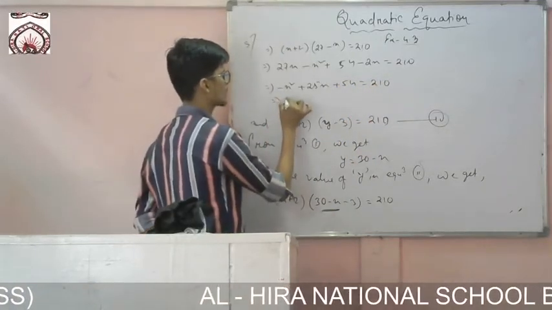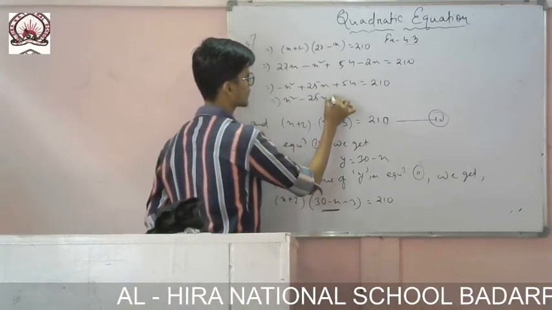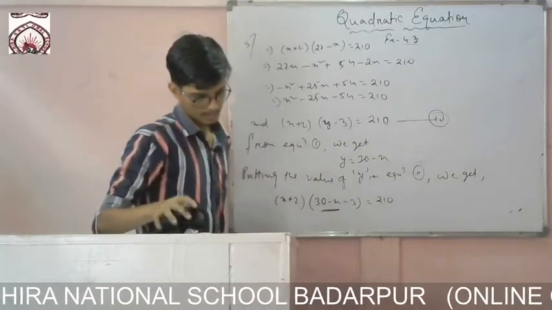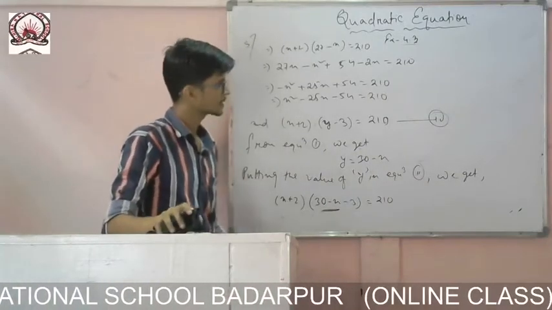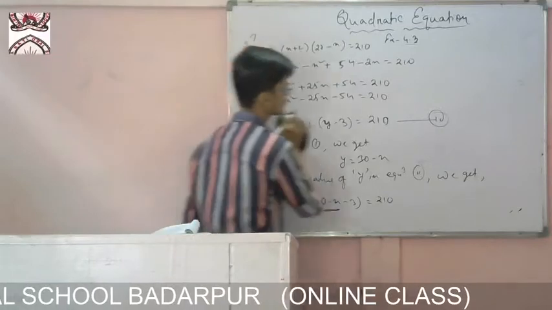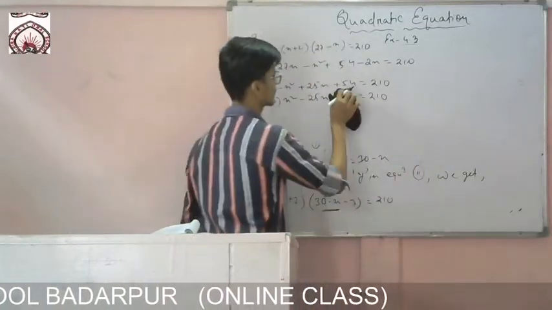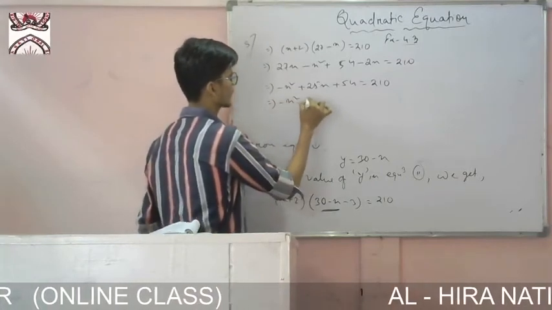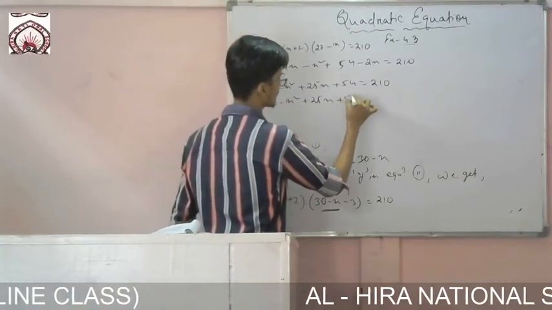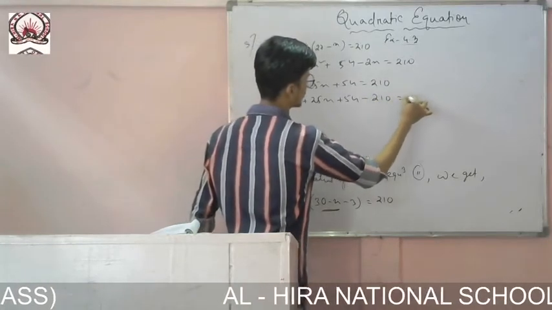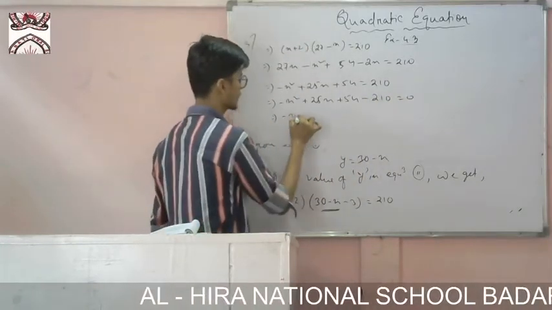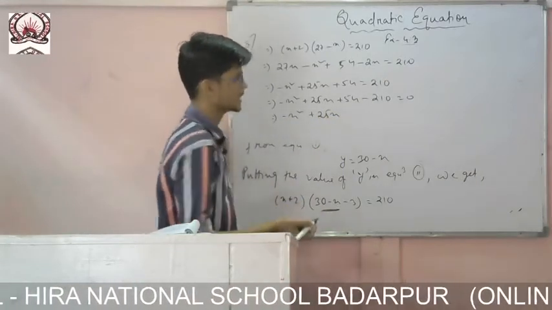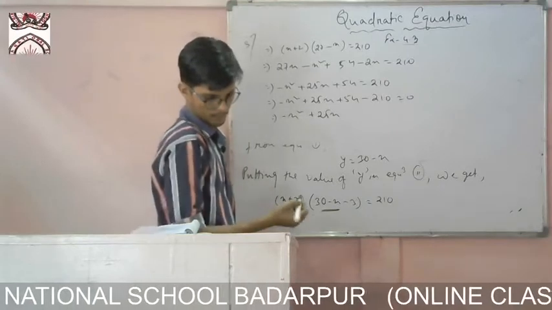So let it be x square plus 25x plus 54 minus 210 equals 0. First of all, let me solve, then 25x, and minus 210 minus 54.